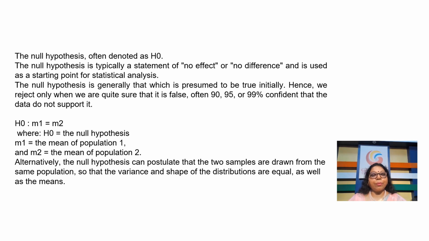That is the mean score of population 1 is equal to the mean score of population 2, where H0 is the null hypothesis and M1 is the mean of the first population, that is the male, and M2 is the mean of the second group, that is the female. Alternatively, the null hypothesis can postulate that two samples are drawn from the same population so that the variance and shape of the distributions are equal, as well as the means and variance are also equal.